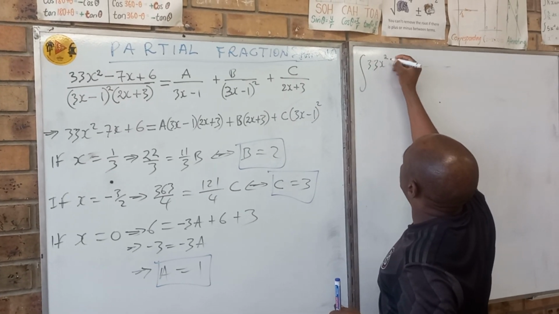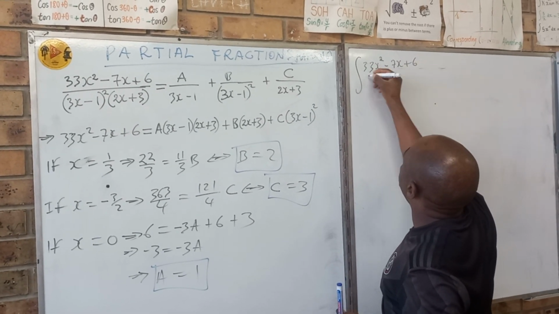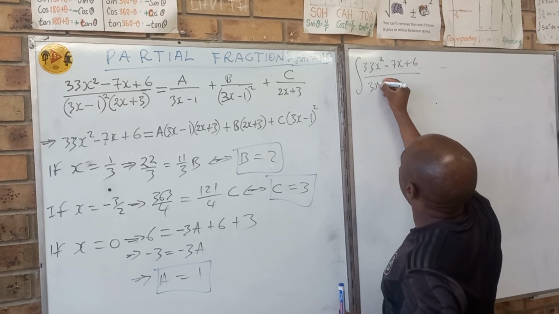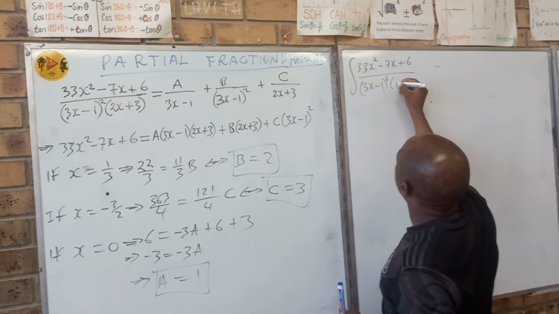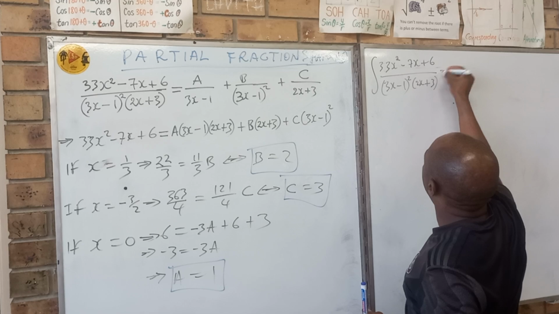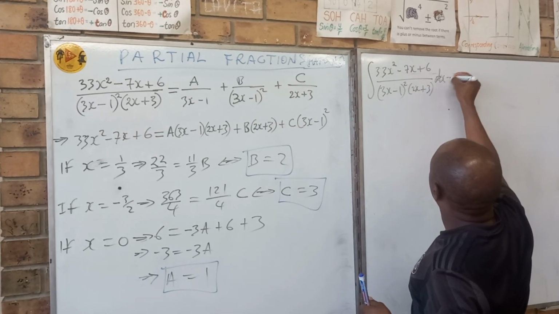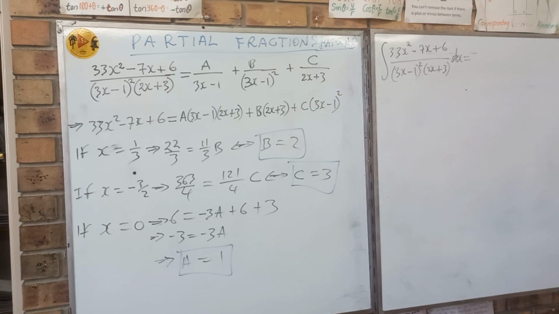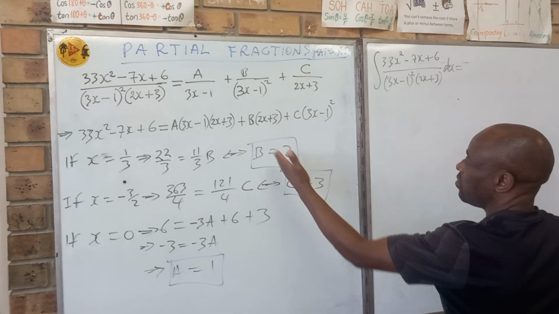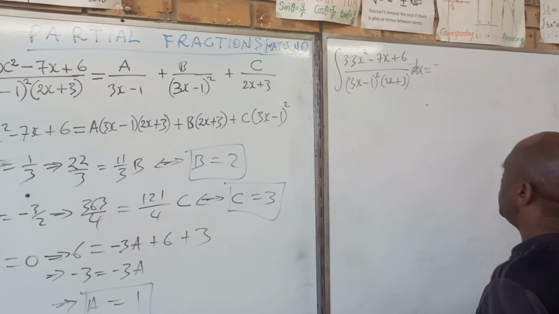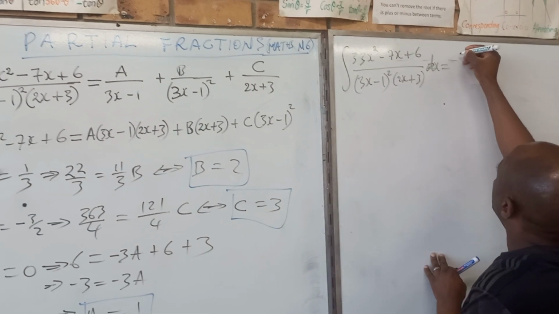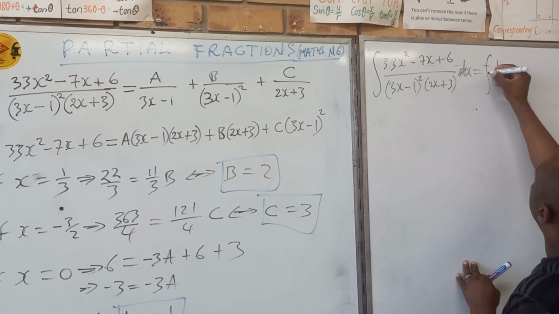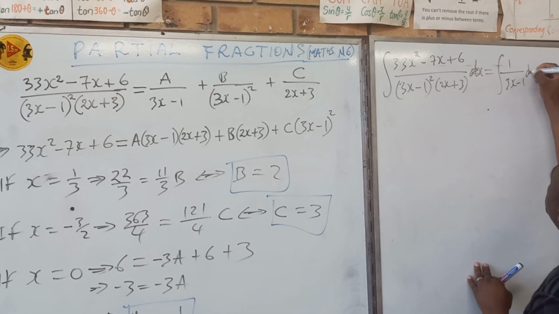The integral of (3x squared minus 7x plus 6) divided by (3x minus 1) all squared, into (2x plus 3) dx, will be replaced by the 3 partial fractions, where I will be replacing my a by 1, b by 2, c by 3. So this is the integral of 1 on 3x minus 1 dx.